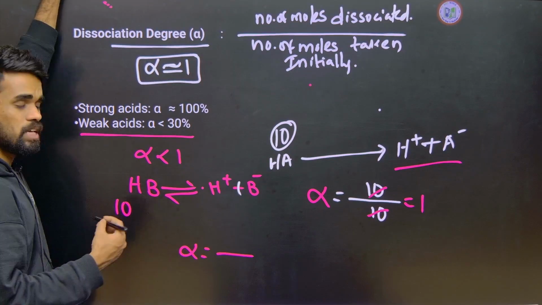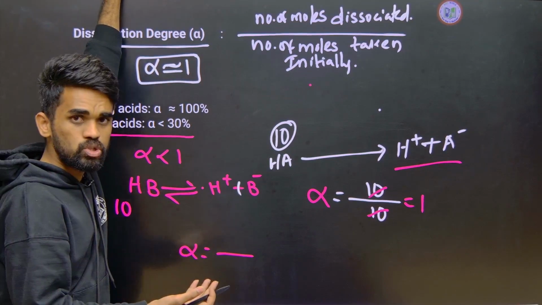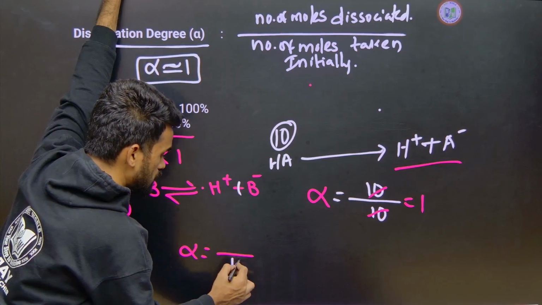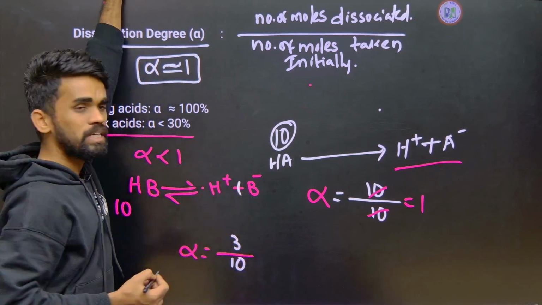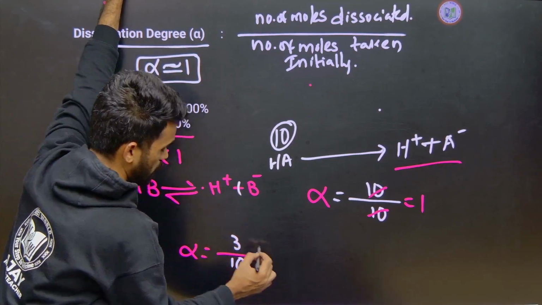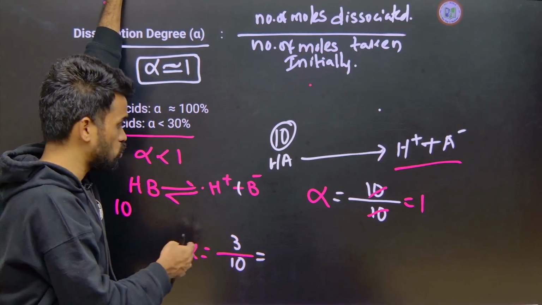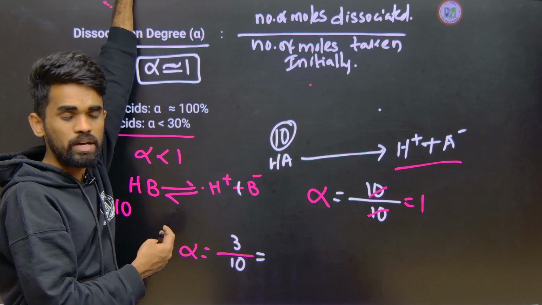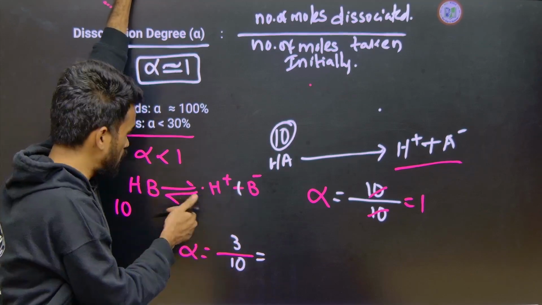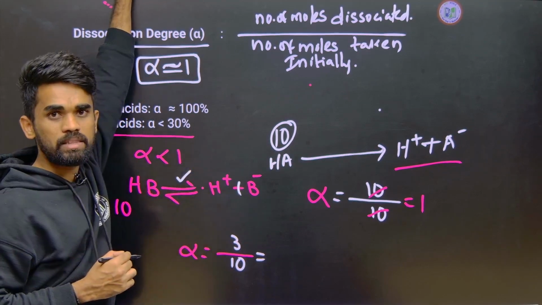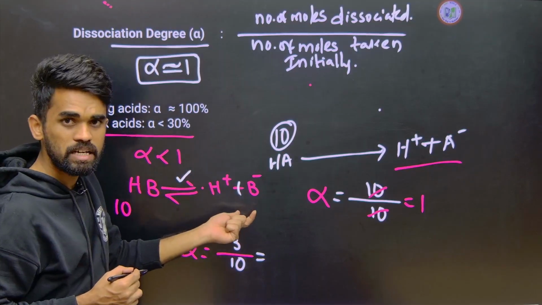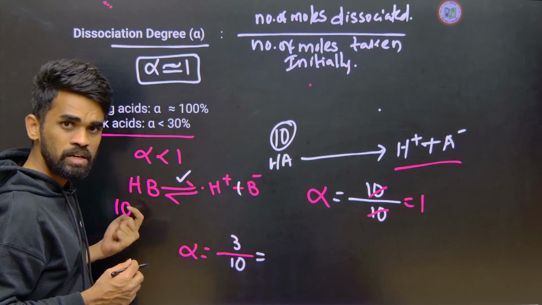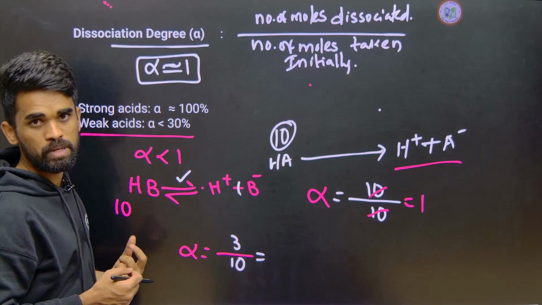So only partial dissociation happened: out of 10, only 3 participated. After those 3 moles, an equilibrium exists: the dissociated ions recombine to form the initial acid HB again.